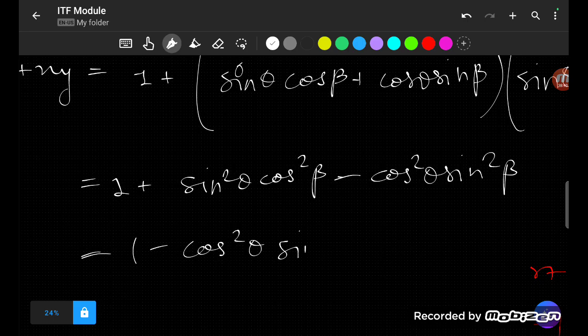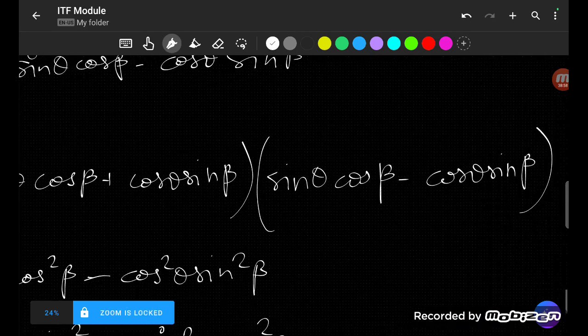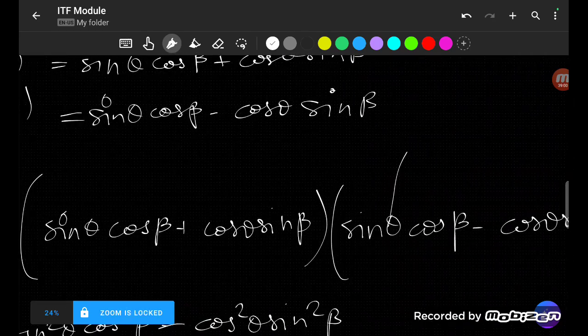So theta minus sine square beta is this. Oh, we get this. It's pretty dumb, to be honest.